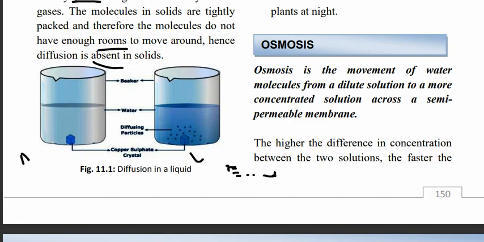So the molecules of perfume will travel from your place to the place where your friend is standing, showing that diffusion is taking place. Over a period of time, the whole room becomes evenly diffused throughout, so that the perfume molecules will be smelled in the whole room.